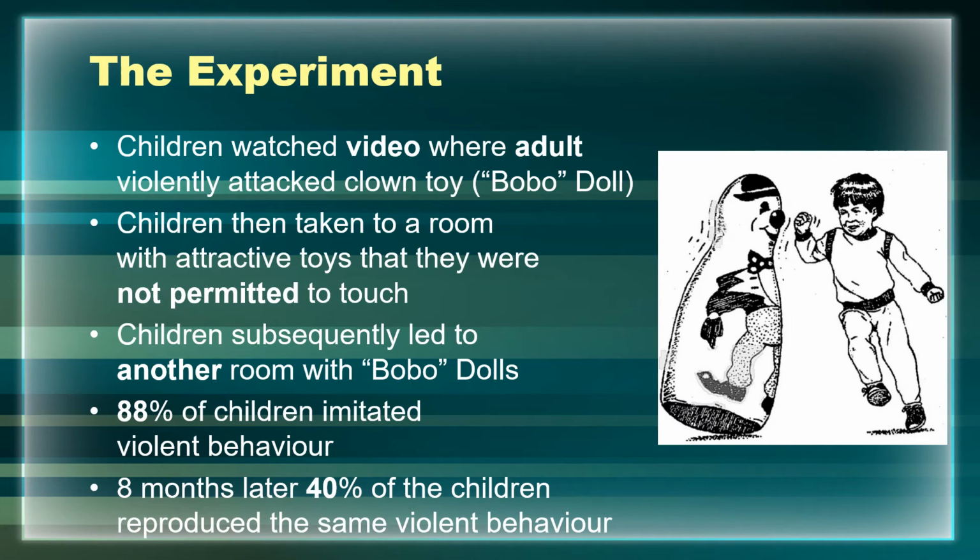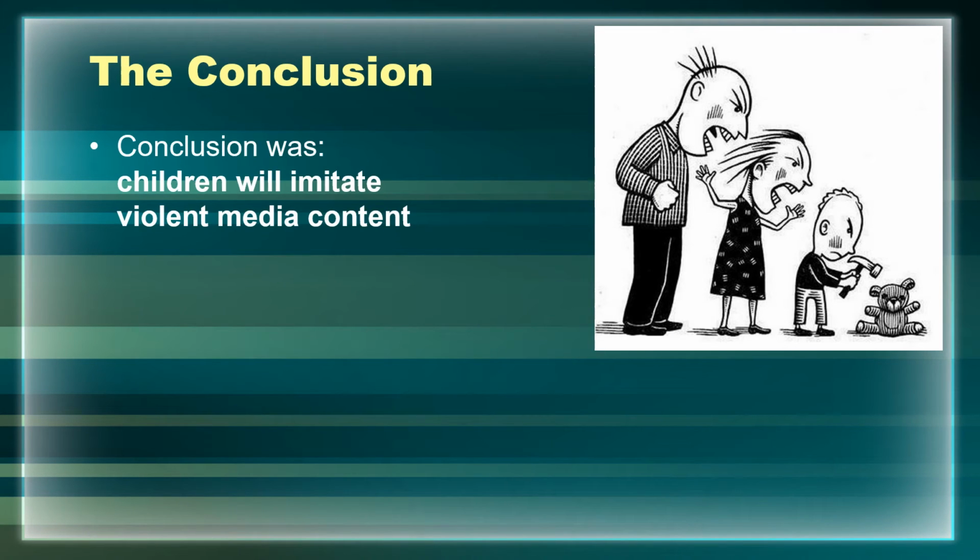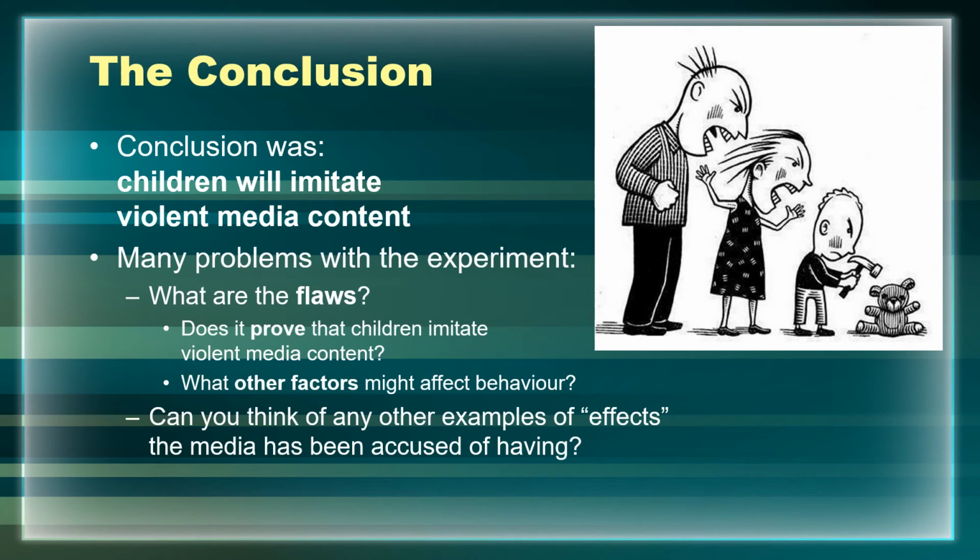The conclusion the researchers drew was that they were doing this because they'd been influenced by watching the video of the adult attacking the Bobo doll. So what they concluded was that children will imitate violent media content. That was the outcome of the experiment, and it sort of proved to Bandura that the hypodermic model was accurate.